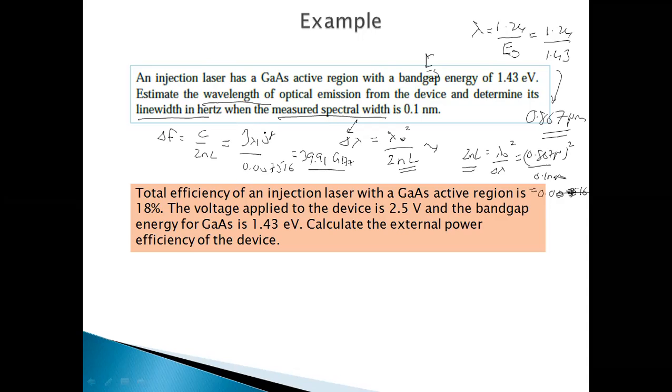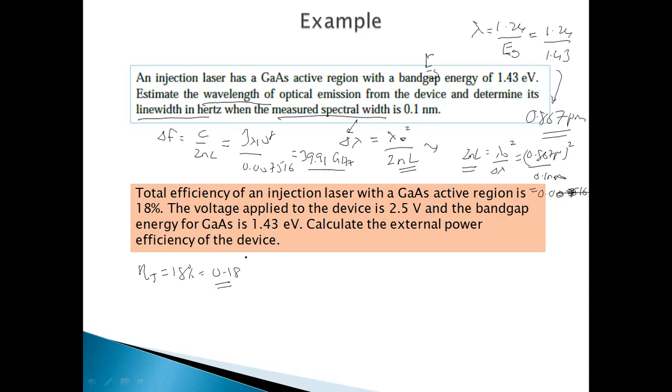Right, so the next question is about the efficiency. We are given the efficiency of the injection laser or laser diode, also using the gallium arsenide active region, which is given to be 18%. So this 18% is the total efficiency, eta T, which is 18% or equal to 0.18.